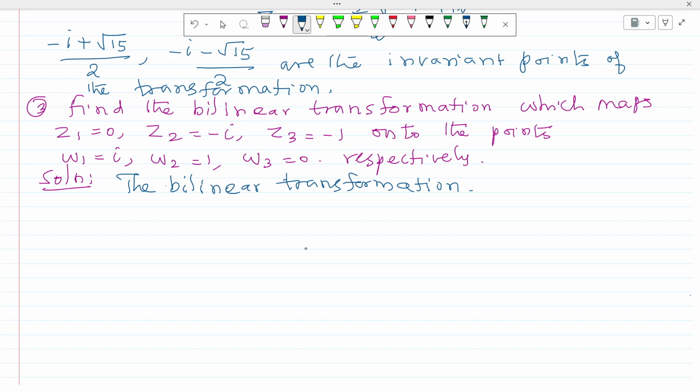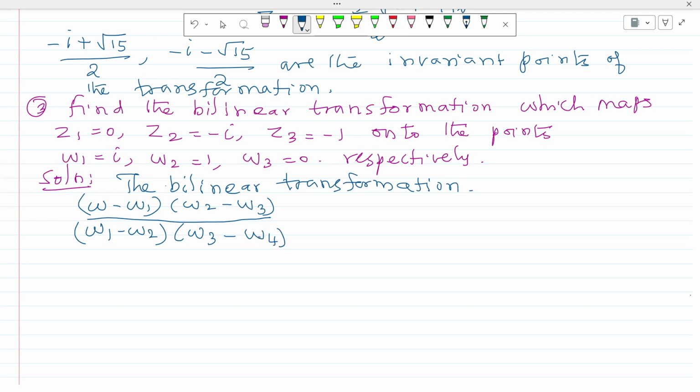We are finding that bilinear transformation by using the cross ratio formula. What is the cross ratio formula? Easily we can write. Now listen. W minus W1, W2 minus W3, over W1 minus W2, W3 minus W. Don't compare with the cross ratio formula I gave already. That is totally different. This is for the problem purpose. Instead of W4, we write only W here.